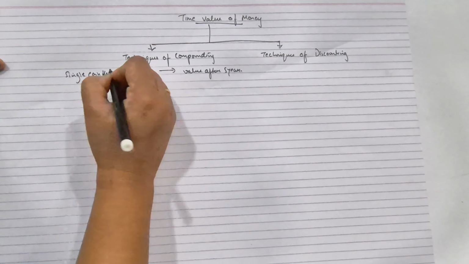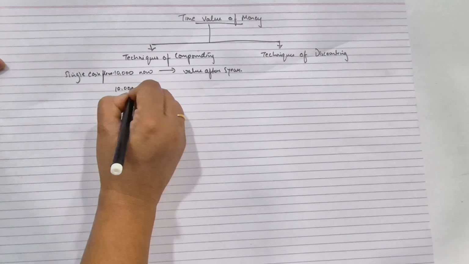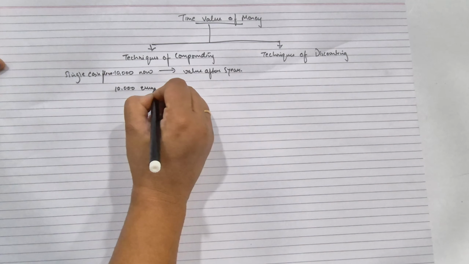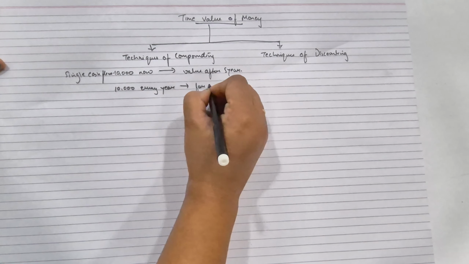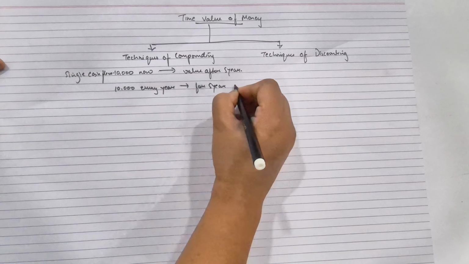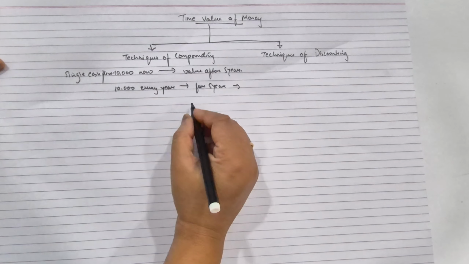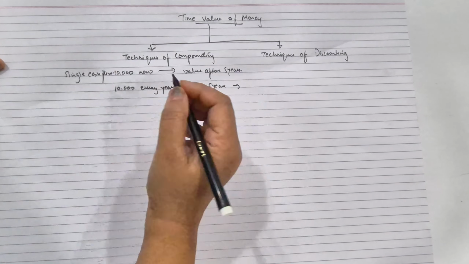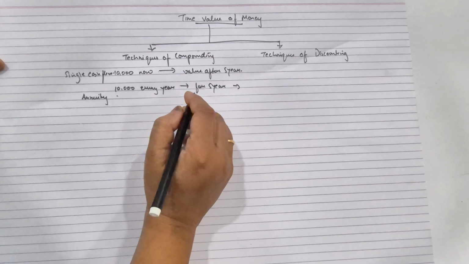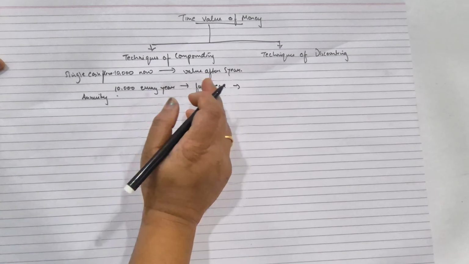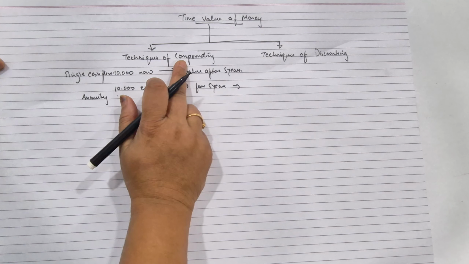And another is when we deposit 10,000 every year for 5 years, then what will be the value of this money after 5 years? So this is an annuity. When you deposit money every year and you have to calculate the value of money after 5 years, we use the technique of compounding here.